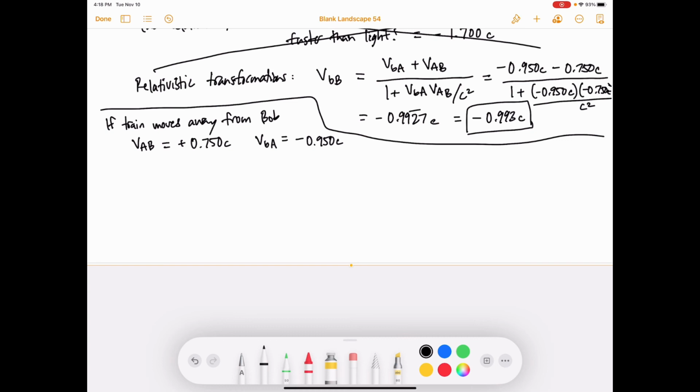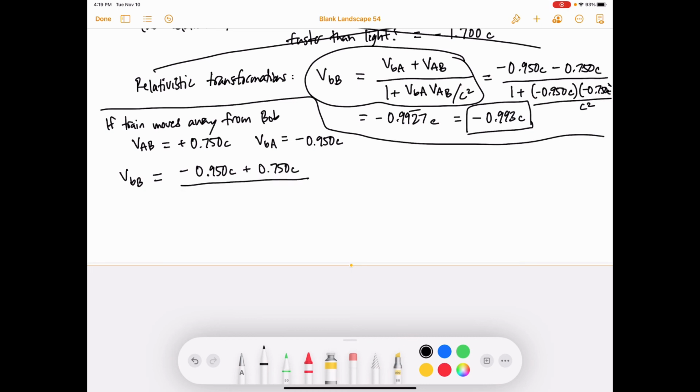So if we want to find the velocity of the ball relative to Bob, it's actually the same calculation we did before. So let me just circle the equation. Still using that, but the inputs are different. We have negative 0.950 C for the velocity of the ball relative to Alice, and then plus 0.750 C for the velocity of Alice relative to Bob.